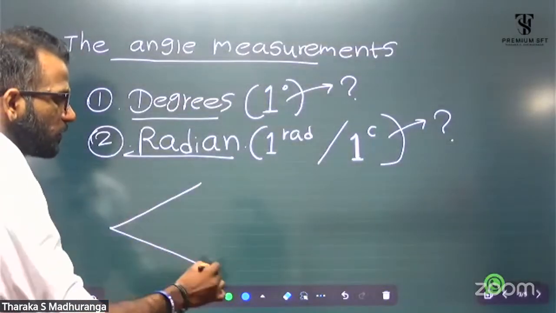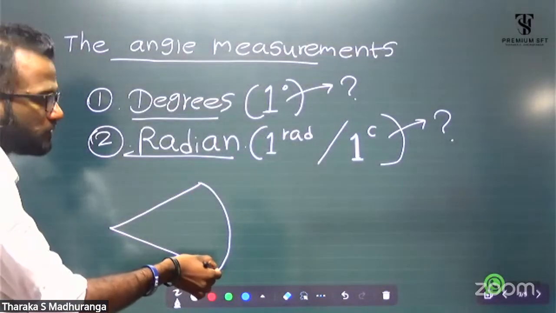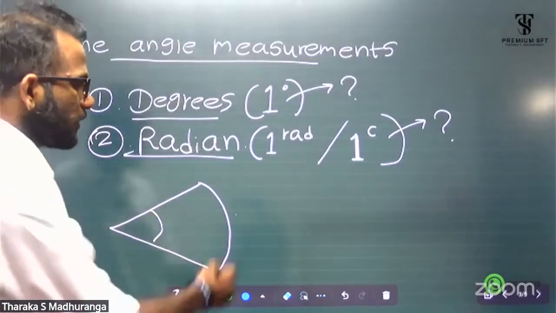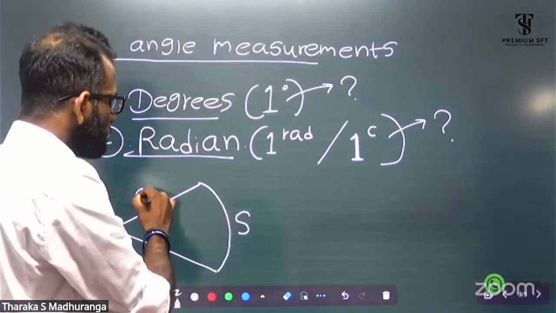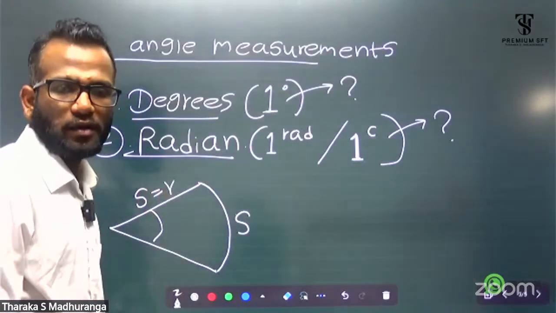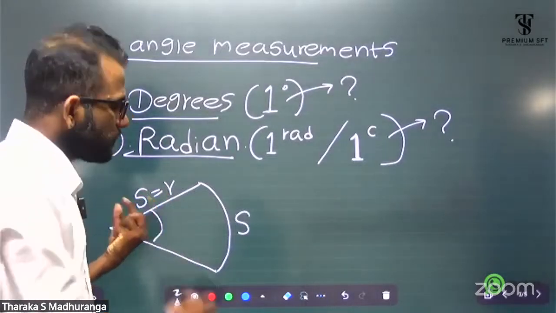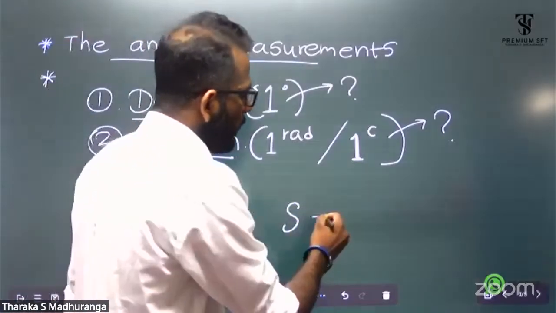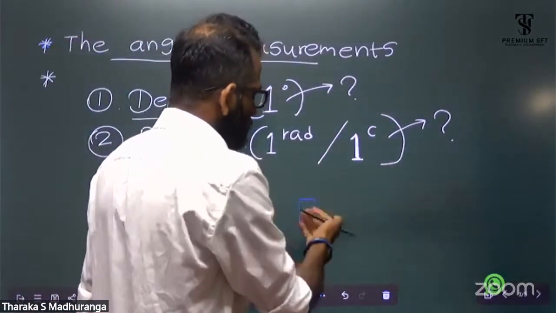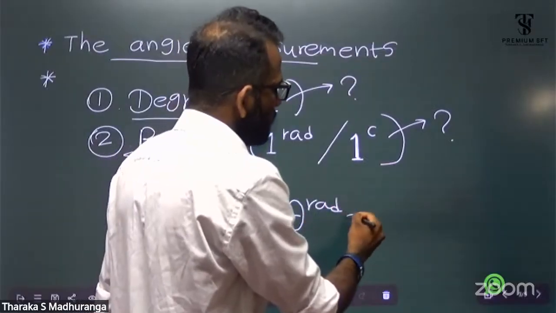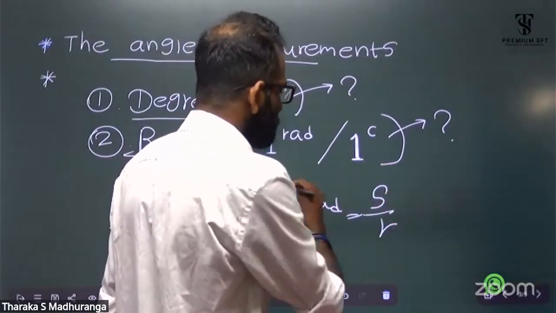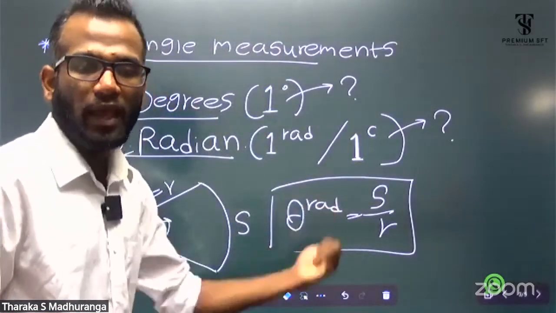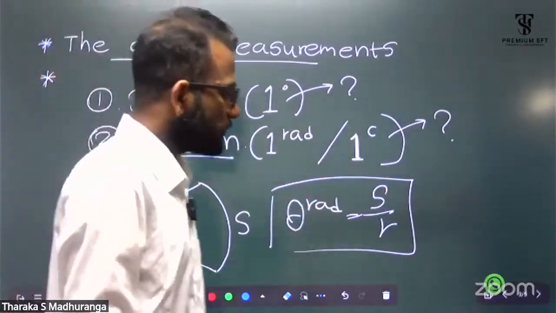Radian means the angle subtended when the arc length equals the radius. Arc length S equals R, the subtended angle we call 1 radian. Therefore, θ in radians equals S over R. You need to remember that, because we already discussed it in angular displacement. The θ in radians means angular displacement in our previous lesson.